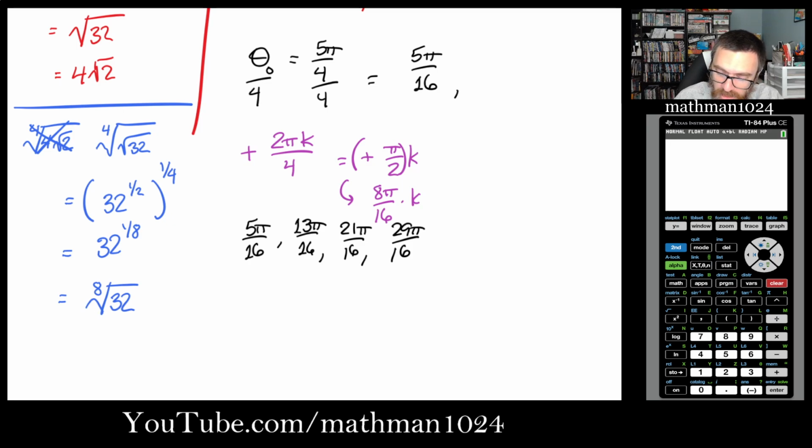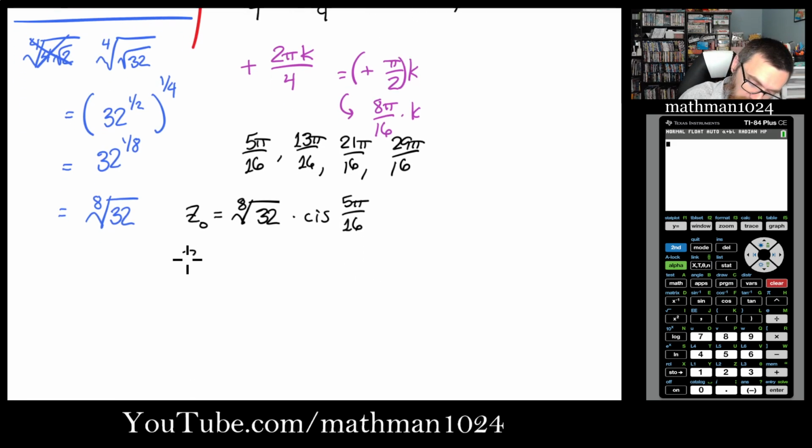So your first root is going to be the 8th root of 32 times CIS of 5 pi over 16. Your next root, again, the 8th root of 32 times CIS of this next one, 13 pi over 16.